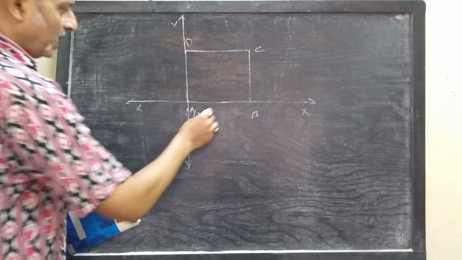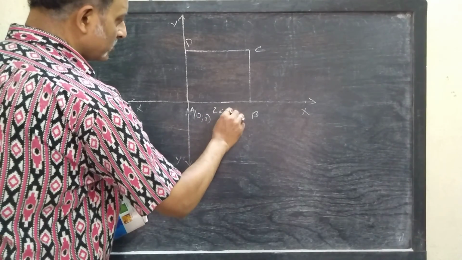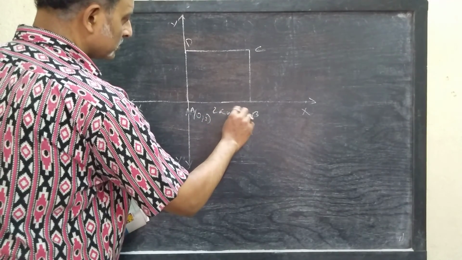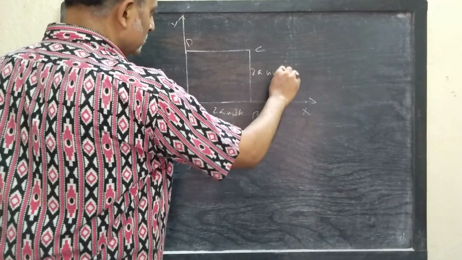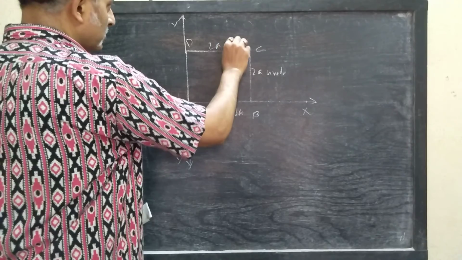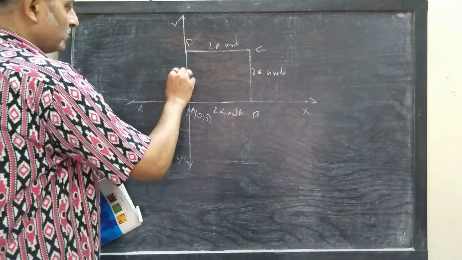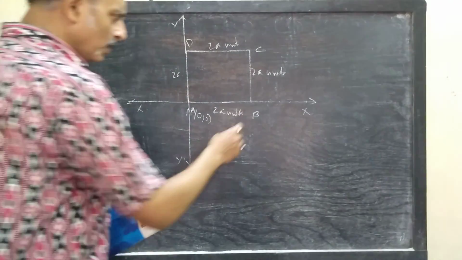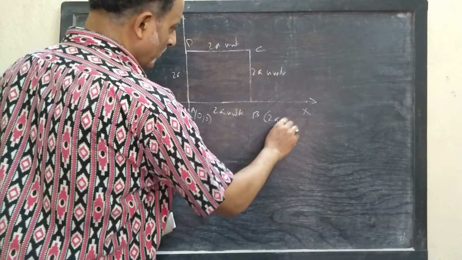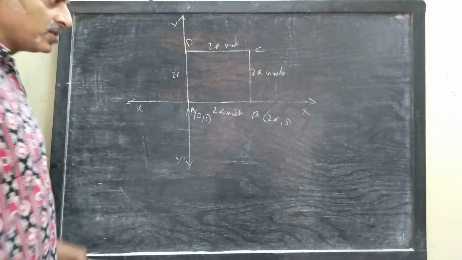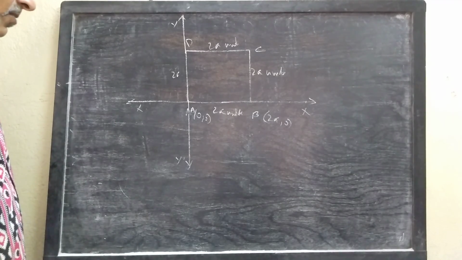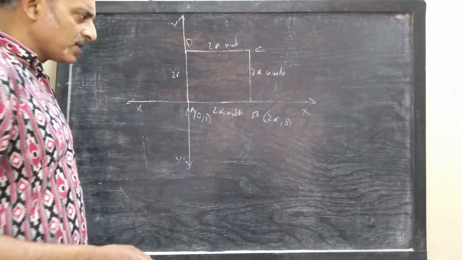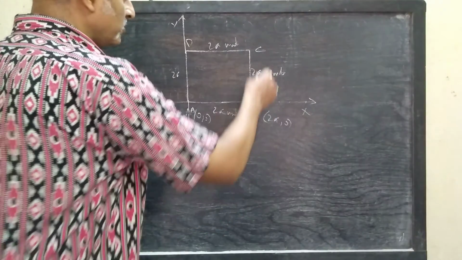Now, the length of the side of the square is 2a units. This is also 2a units. This is 2a units. This is also 2a units. So the coordinate of B will be 2a, 0 because this distance is 2a on the right side. So the x-coordinate will be positive 2a. This is 2a, 0.